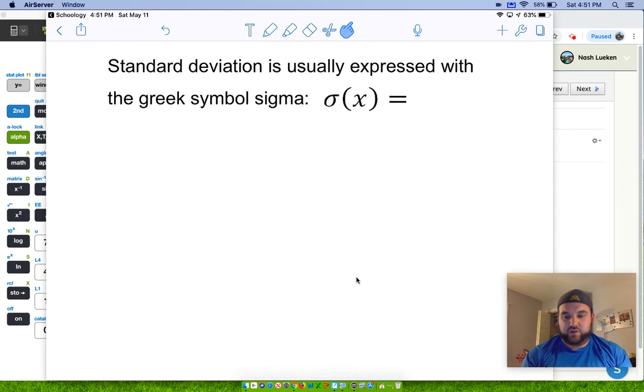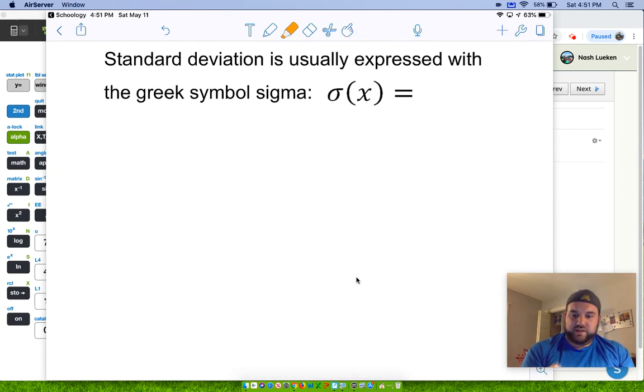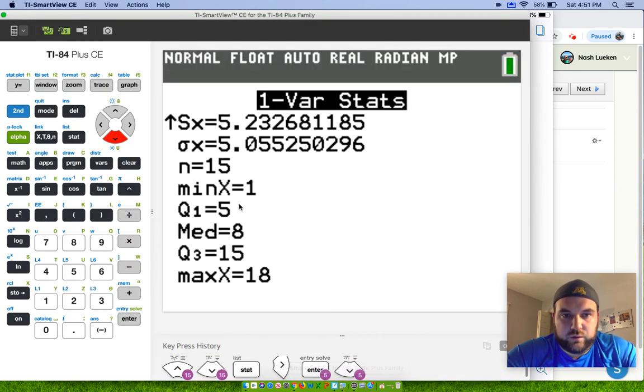But standard deviation in the calculator is expressed using this symbol, which is sigma. It's a Greek letter. So you'll see sigma x, and that tells you the standard deviation of a data set. So if you look on here, right above the n, which is how many data points you have, it shows sigma x, which is 5.05.